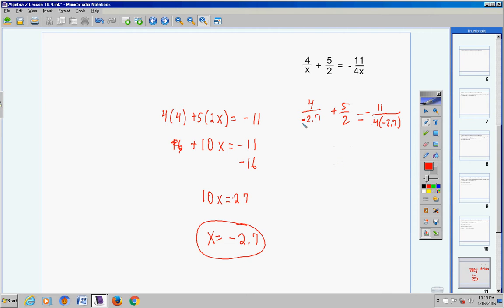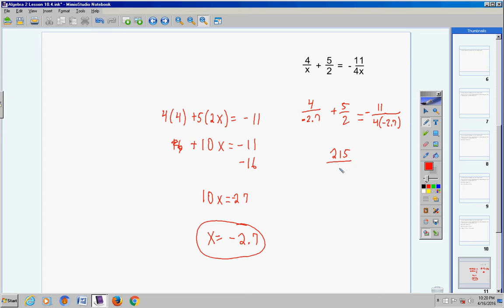I'm going to take 4 divided by 2.7, and something did not work there. It gives me a big decimal, then plus 5 divided by 2, and then hit math, enter, enter, and you get 215 over 54.